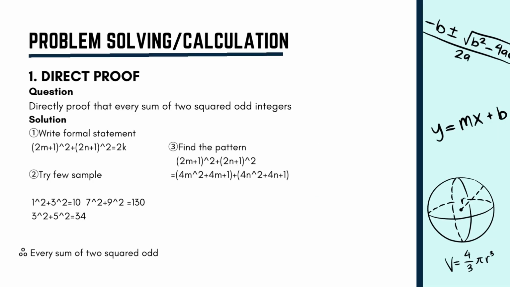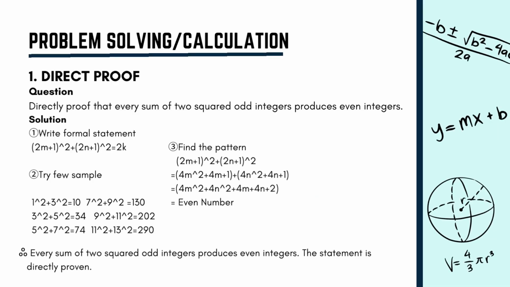First question, direct proof. The question is: prove directly that every sum of two squared odd integers produces an even integer. The solution is, firstly, we need to write a formal statement: 2m plus 1 power of 2 plus 2n plus 1 power of 2 equals 2k.